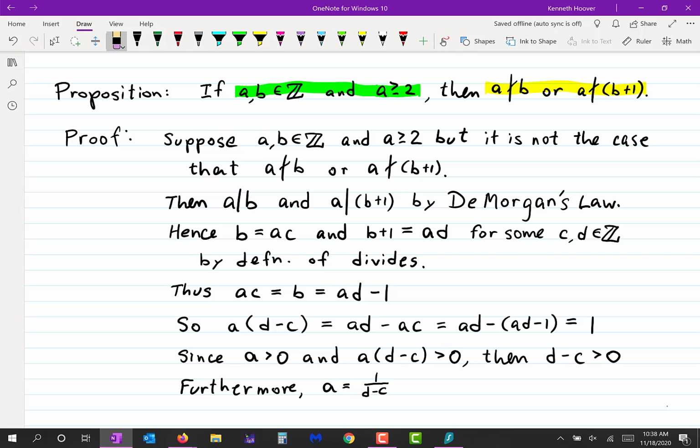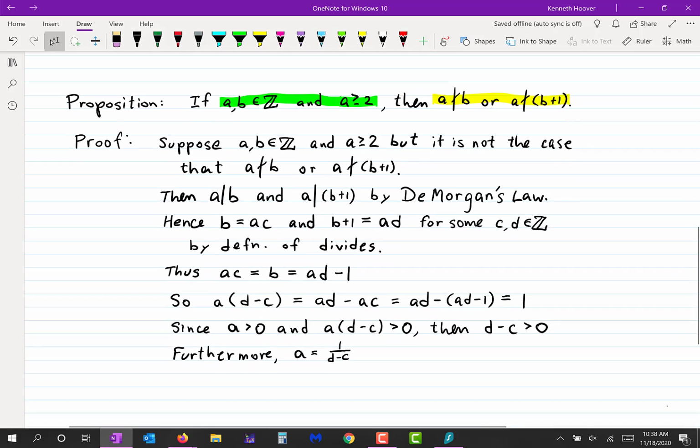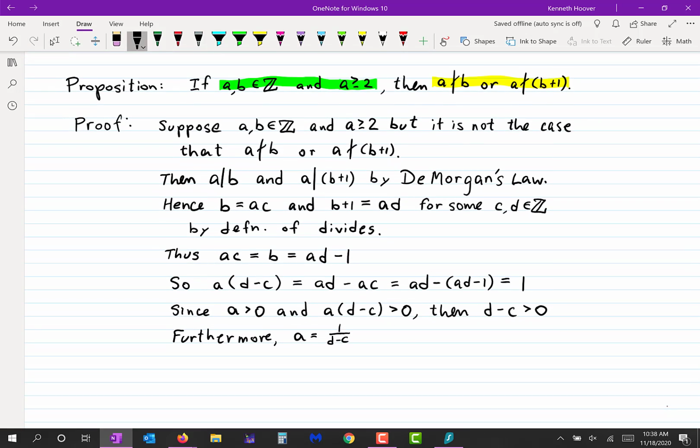So A equals 1 over a positive integer. Let's shrink this down a little. Okay, so A equals 1 over D minus C, where D minus C is an integer, and D minus C is greater than 0.